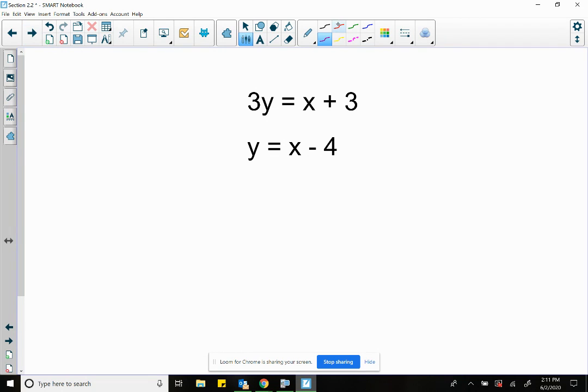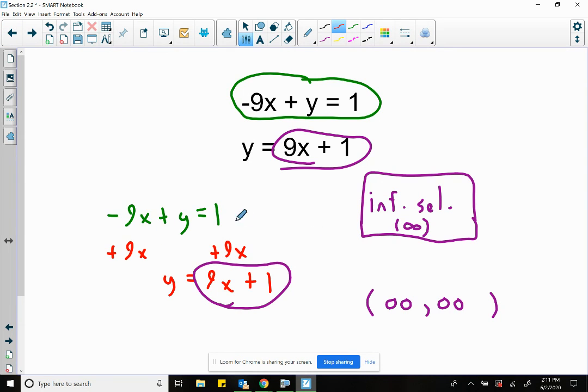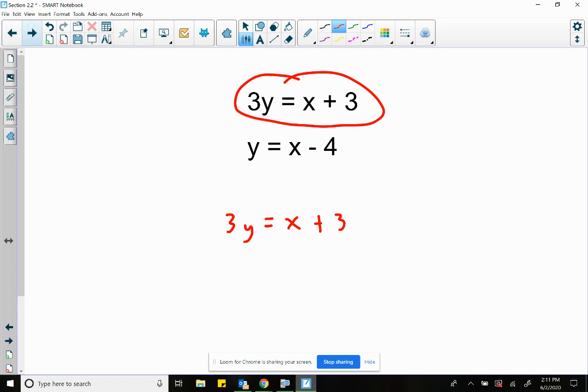Okay, so hopefully you notice this guy is not ready to go. It's almost ready. Okay, it's like they stopped during the conversion that we are talking about right over here. See, we moved the x over, but then there was a second step. After we move the x over, remember, if there's a number in front of y, we got to come over here and divide every number by it.